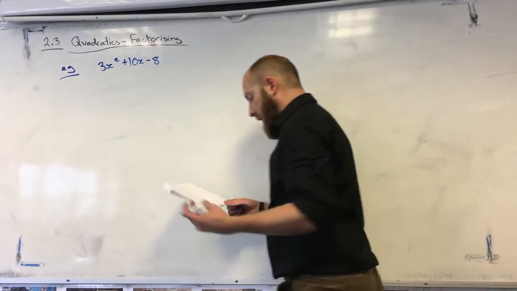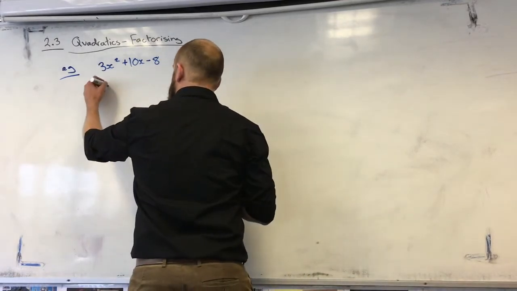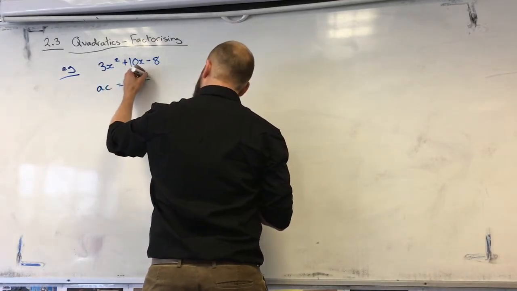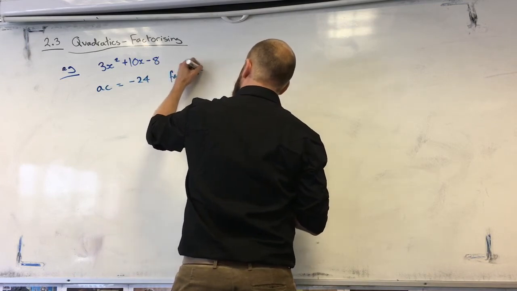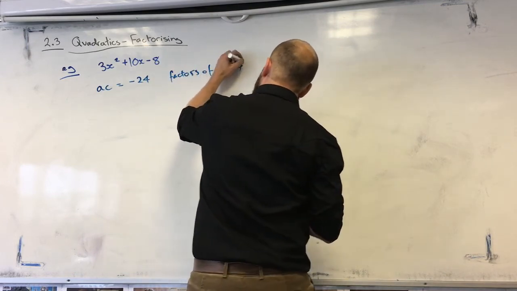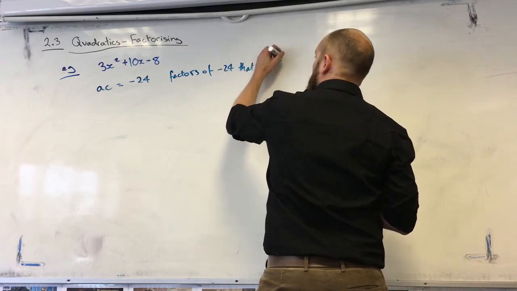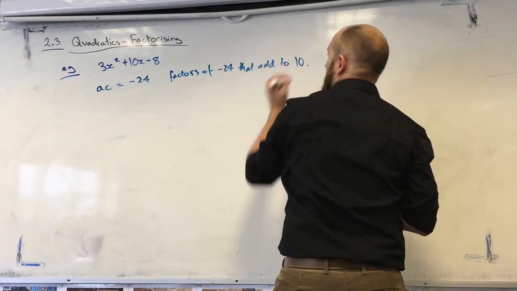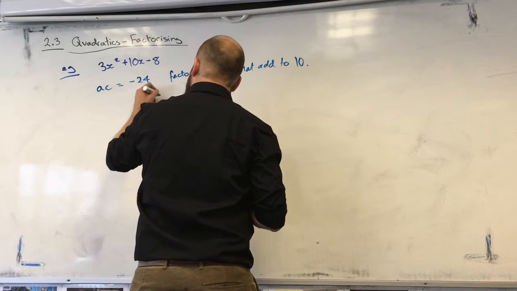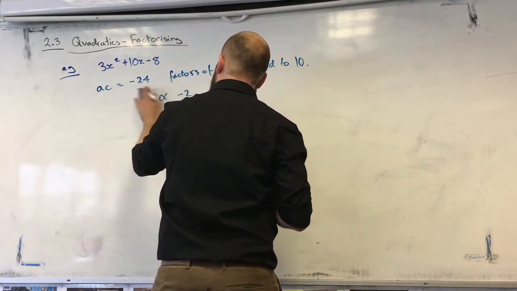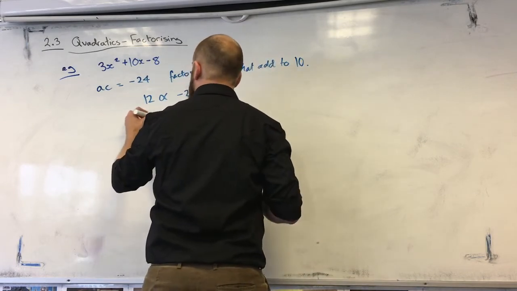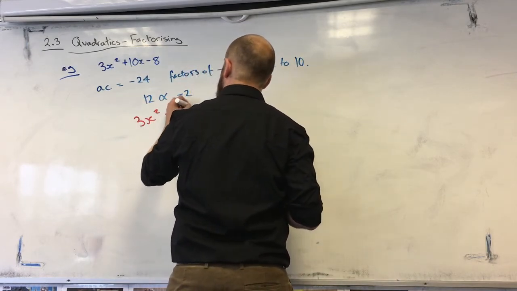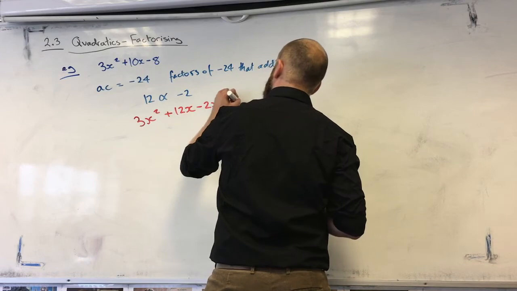So I'm going to use that new method. So AC equals minus 24. And we need factors of minus 24 that add to 10. So 12 and minus 2. So then we're going to rewrite it, remember, 3x squared plus 12x minus 2x minus 8.